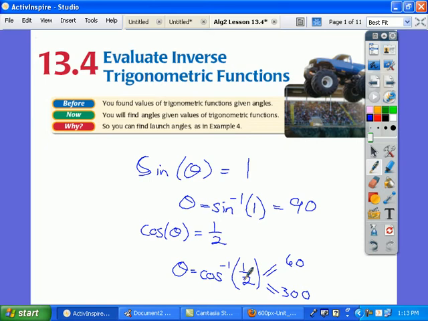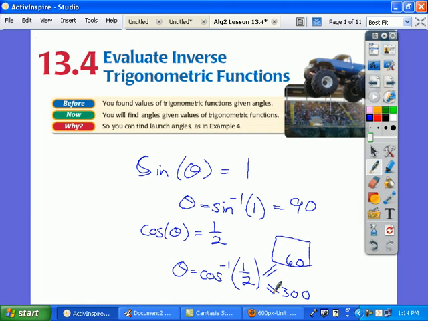Let me say that again. I want cosine inverse to be a function, but it just gave me two values out when I plugged in 1/2. So to modify it, I'm going to restrict the domain so that when you punch in your calculator cosine inverse of 1/2, it's only going to give you out 60, even though there's a second answer.